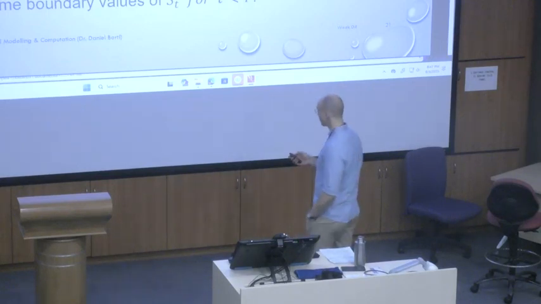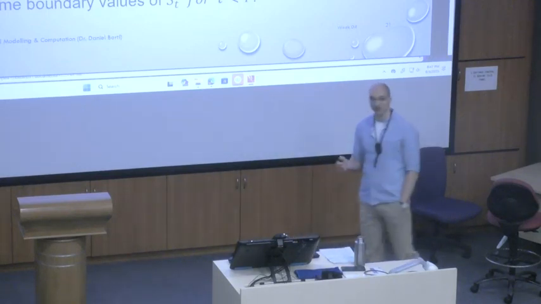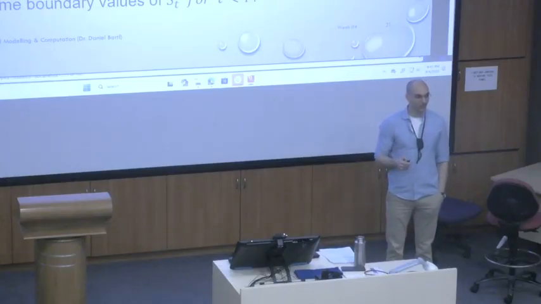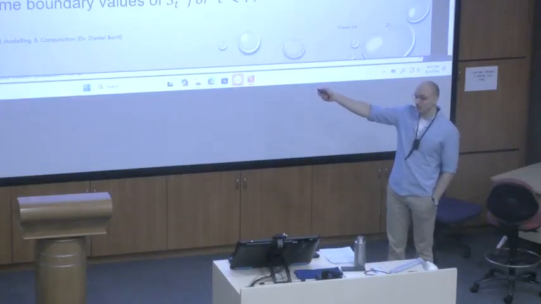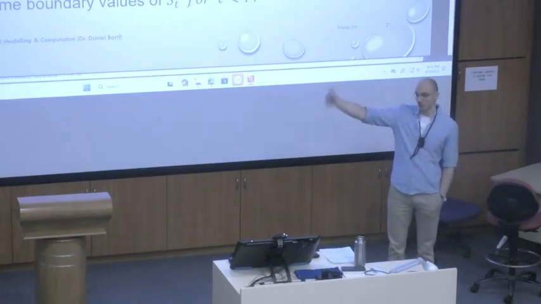Okay, so let's start by considering what those boundary conditions are and where we get them from. Because a priori we only have, this is the only input that we have, F. And we've already used it in the terminal condition.